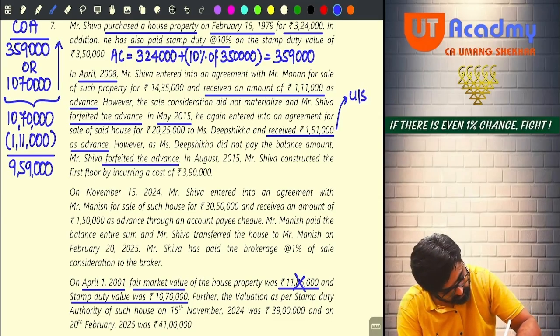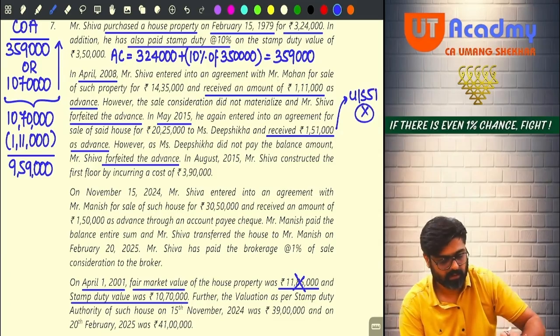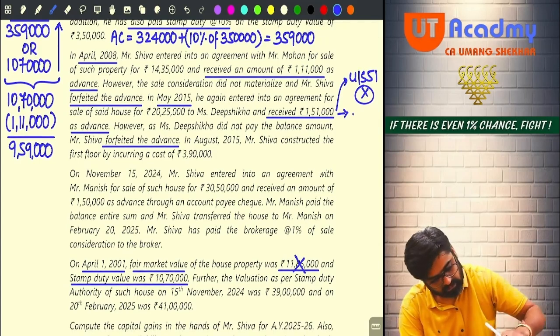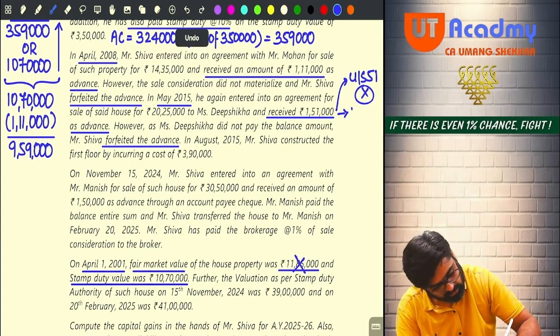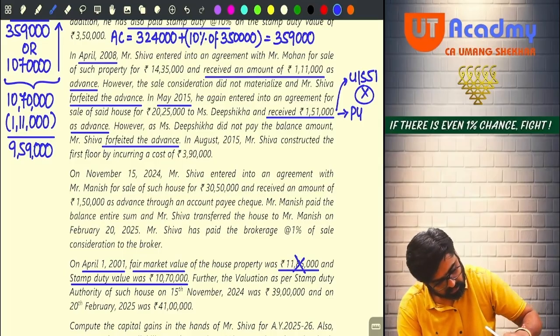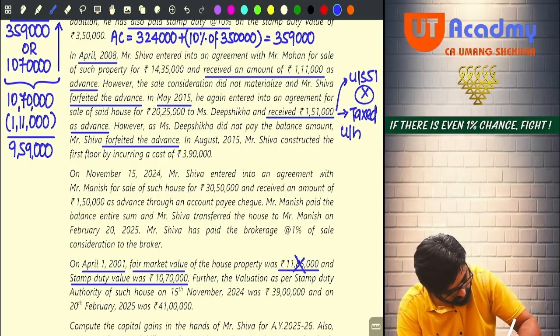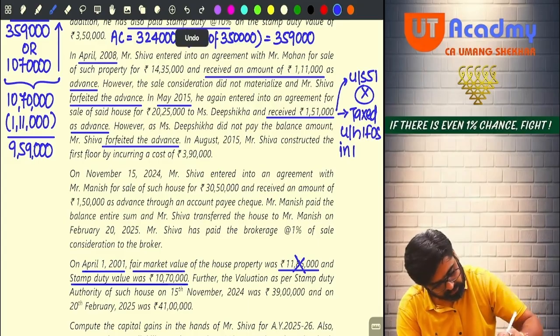under section 51 cannot be adjusted because this was already taxed in the previous year, already taxed under the head income from other sources in previous year 15-16.